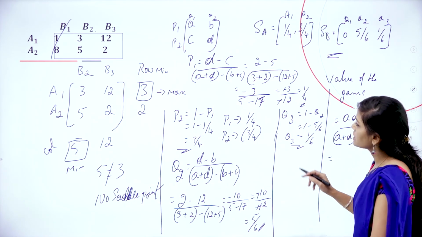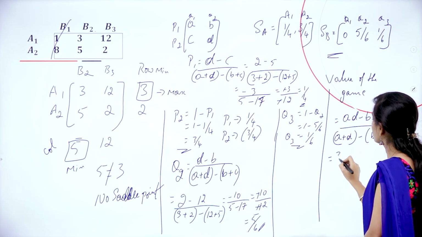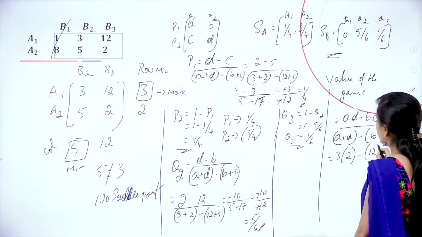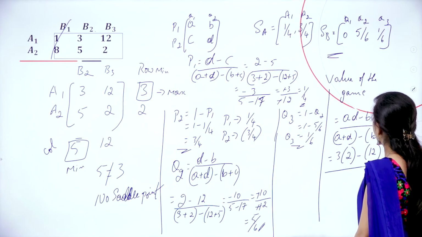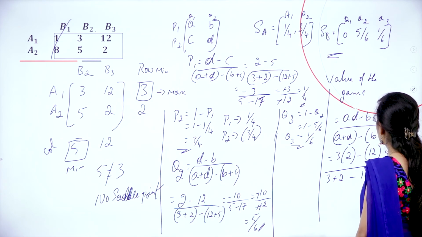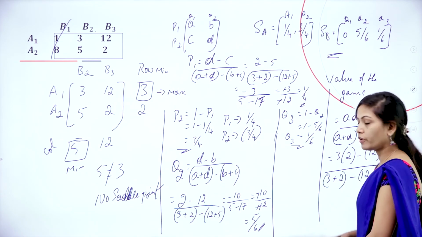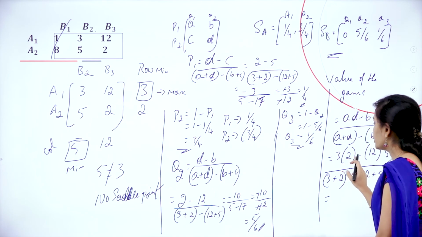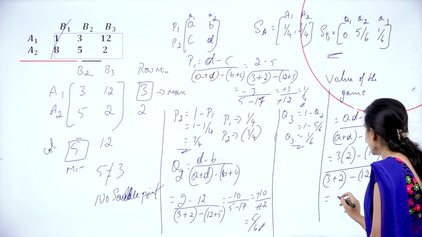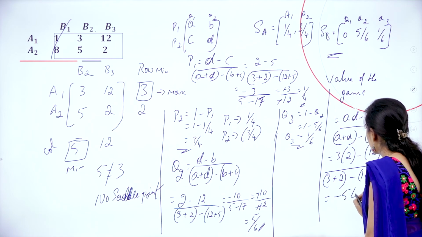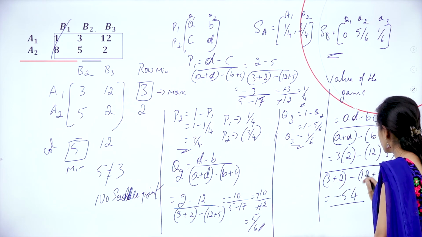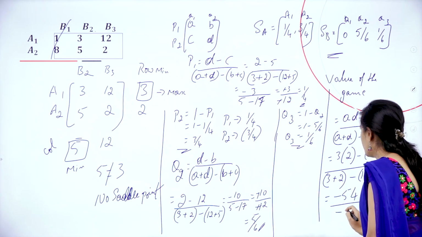AD means A is 3, D is 2, minus B is 12 into C is 5, divided by 3 plus 2 minus 12 plus 5. Finally, 3 into 2 is 6 minus 12 into 5 is 60. 6 minus 60 is minus 54, and 3 plus 2 is 5, 5 minus 17 is minus 12.